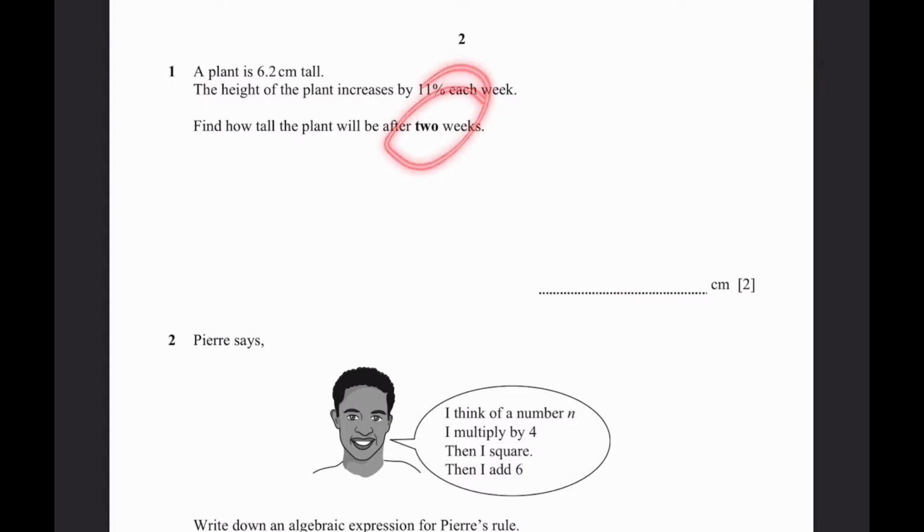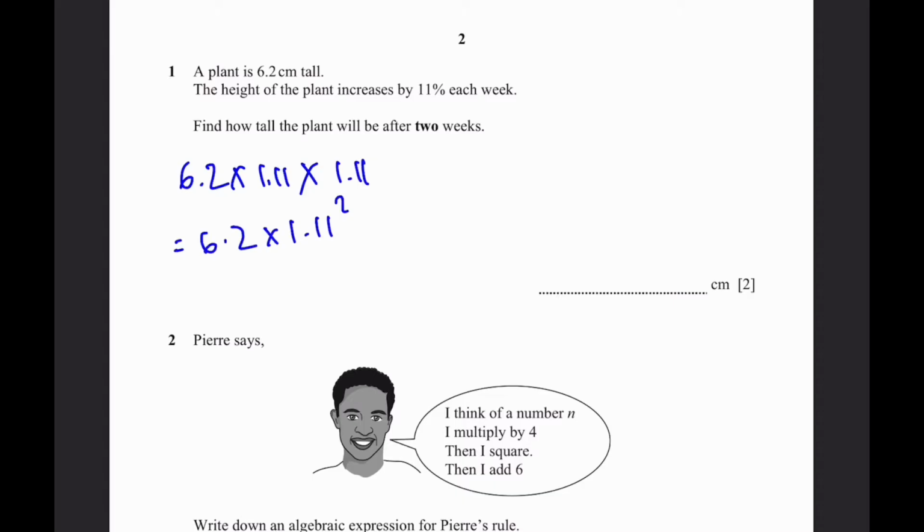After 2 weeks, that means it will be increased by 11% twice, because it increases by 11% per week. Increase by 11% means increase by 0.11, so that'll be 1.11 times the original. So 6.2 into 1.11 twice. That means it'll be 6.2 into 1.11 squared, right?